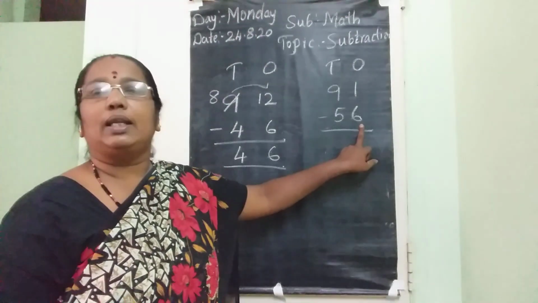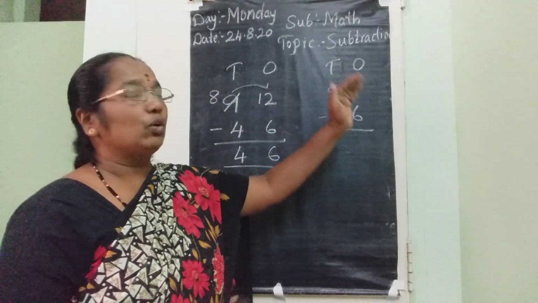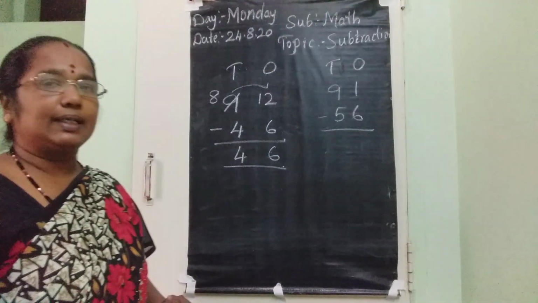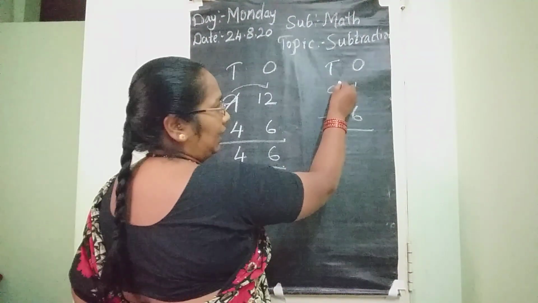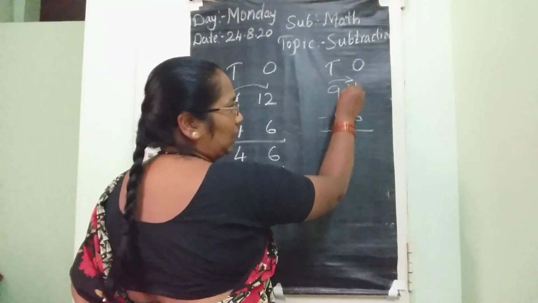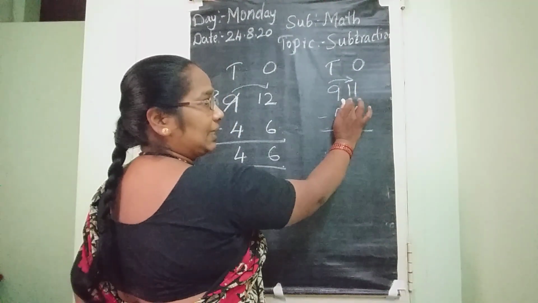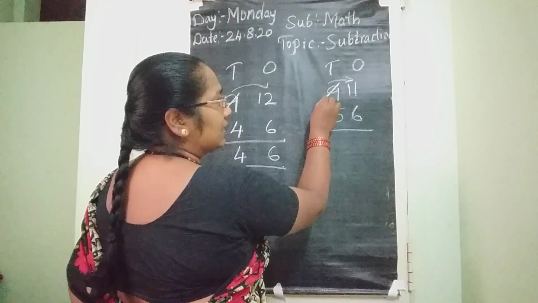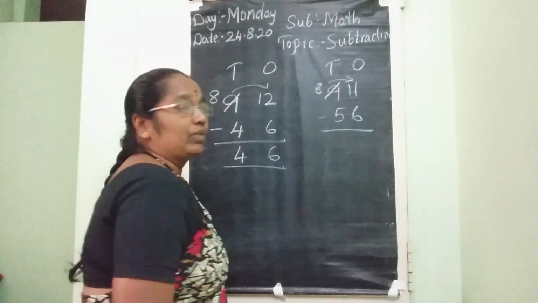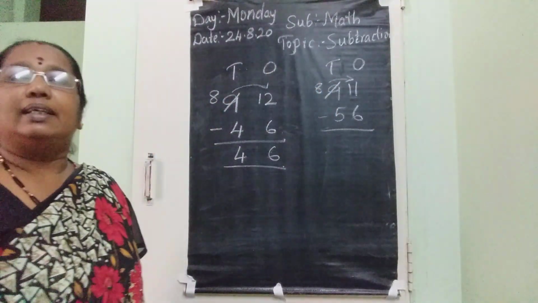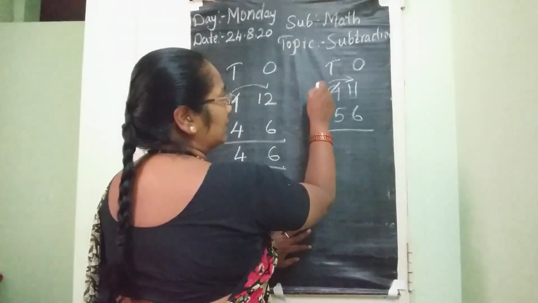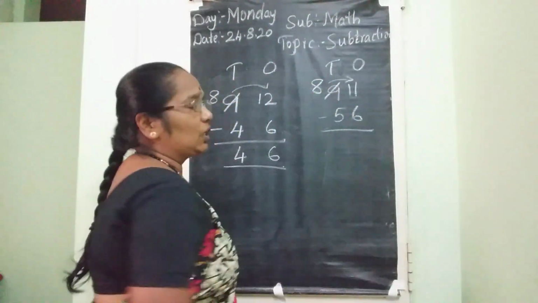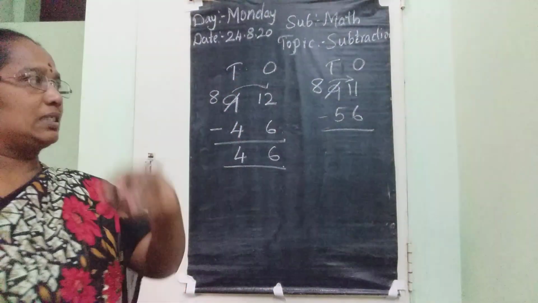So what I do is I have to borrow 1 from the tens place. If this 9 gives me 1, this will become 11 and this will become 8. Why 8? Because it has given 1 to the ones place.